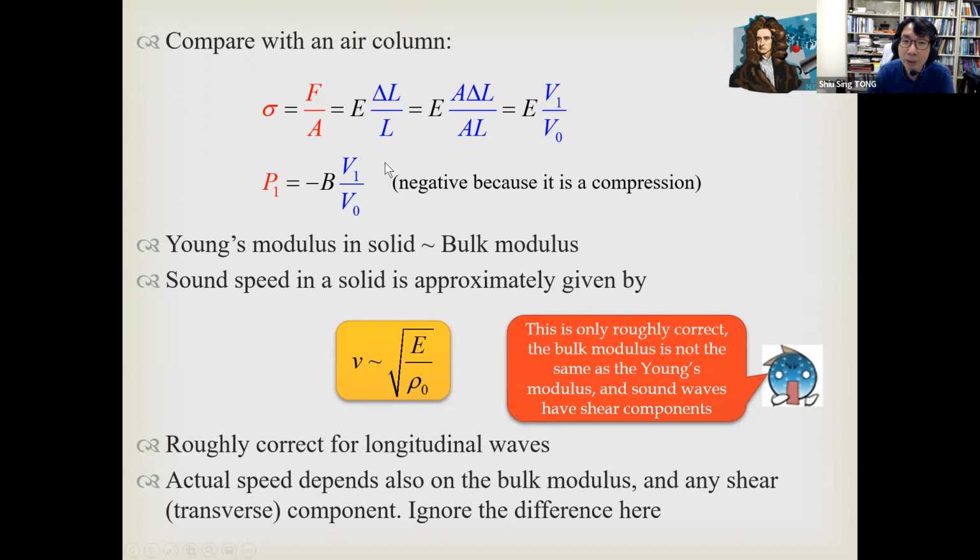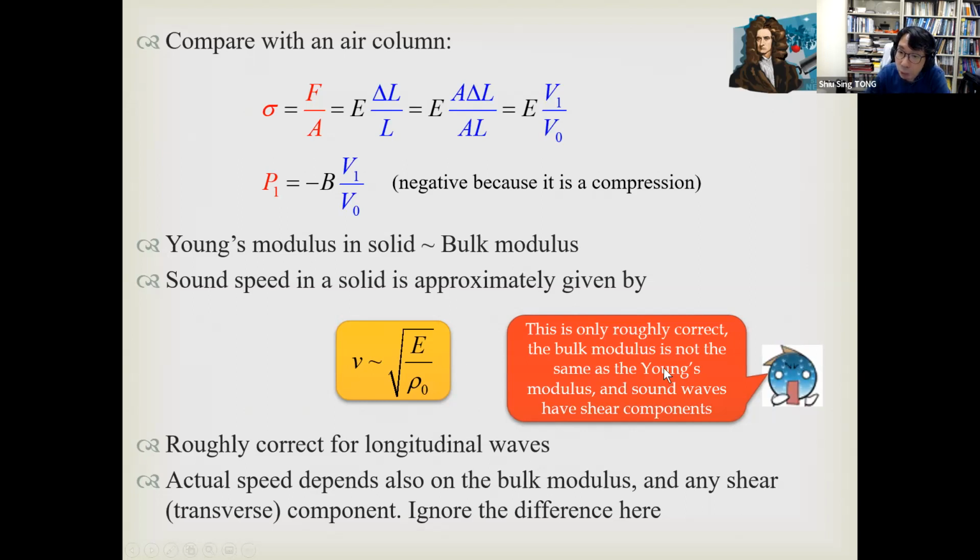You can see the Young's modulus in fact plays the role of the bulk modulus. So the Young's modulus in a solid is just about the same as the bulk modulus, and you will expect the sound speed of a solid to be approximately given by the square root of the Young's modulus divided by the density.